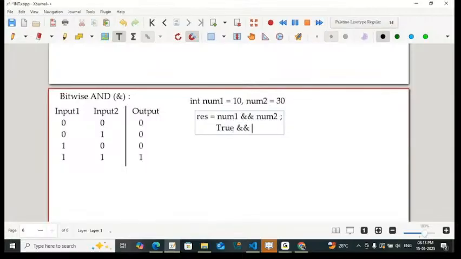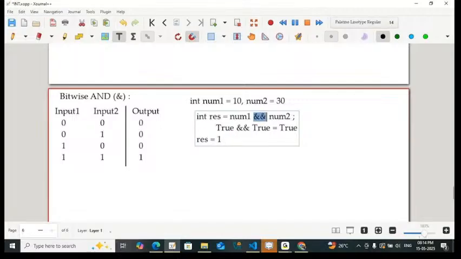Then num2 is representing 30, it's a non-zero value. Again, it is true. So true and with true will be true. So result should be assigned with true. My result cannot store a true. It should store one integer value because my result is one integer. So in place of true, a 1 gets stored inside result.